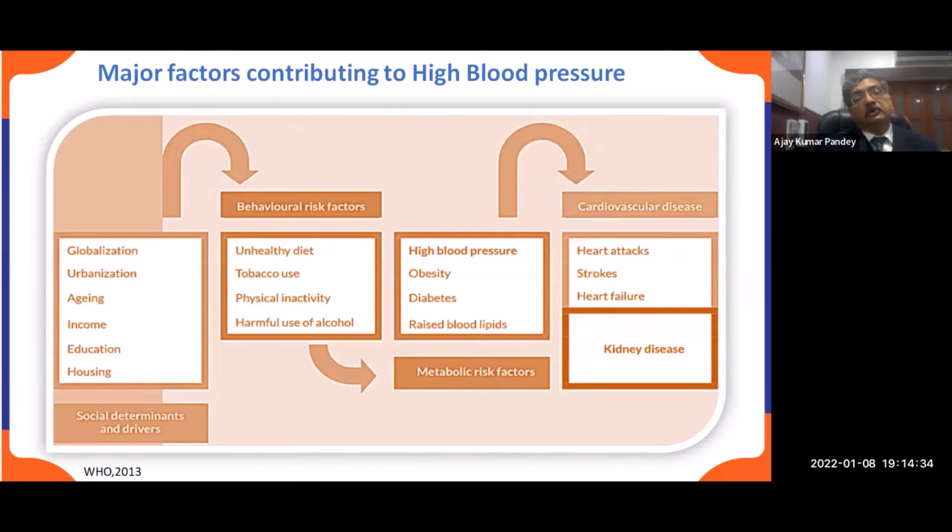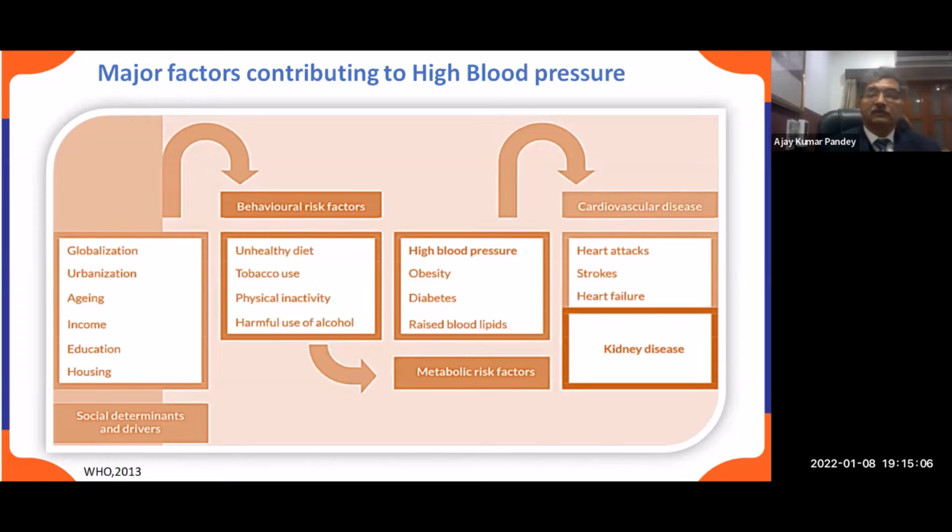Like, we all are going into this urbanization and globalization phenomenon, and our diet is getting unhealthy day by day. Tobacco use and physical inactivity are increasing day by day. More motorbikes, more motor vehicles, physical inactivity, increased use of lifts in spite of staircases, and harmful use of alcohol. These are all behavioral risk factors which lead to metabolic risk factors like obesity, diabetes, raised lipid levels, and high blood pressure.